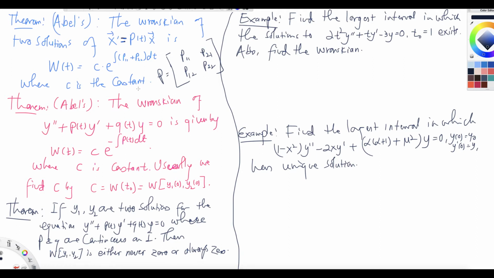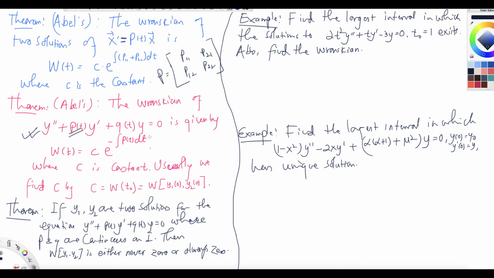So this is for the system or the pair of linear ODEs, right? But if you have a single ODE of this form, a second order linear homogeneous ODE, how do you find the Wronskian? It is basically W(t) equals C times e to the negative integral of P(t) dt.